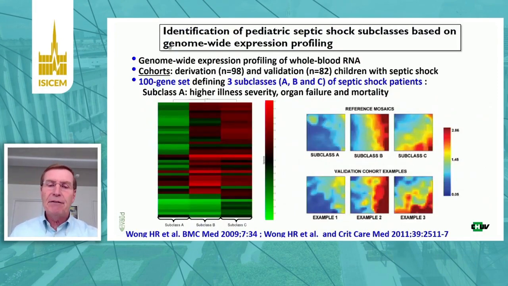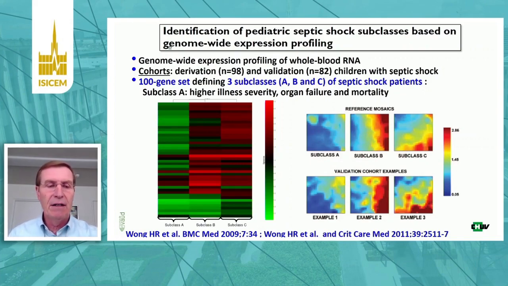Here, I've displayed one slide that tried to identify, within a subgroup of pediatric septic shock patients based on genome-wide expression profiling, patients that look the same. There is a derivation cohort of about 100 patients and a validation cohort of 82 patients.